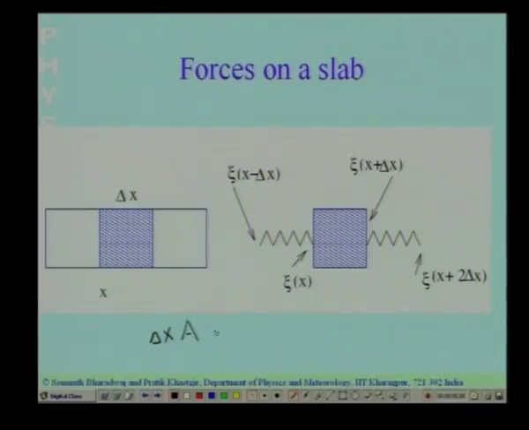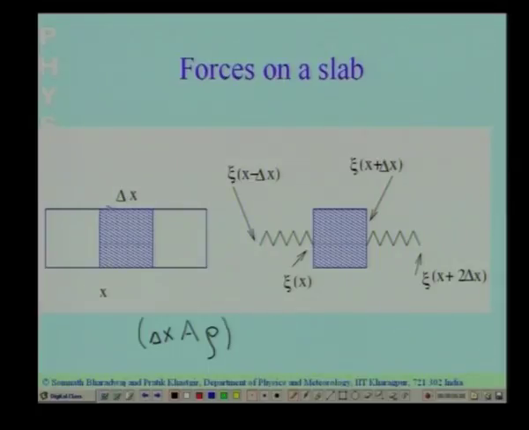If the whole medium has an undisturbed density rho, then the mass of this element is delta x into A, the cross sectional area, into the density of this material, which is rho. And the mass into the acceleration. So, what is the acceleration of this element?